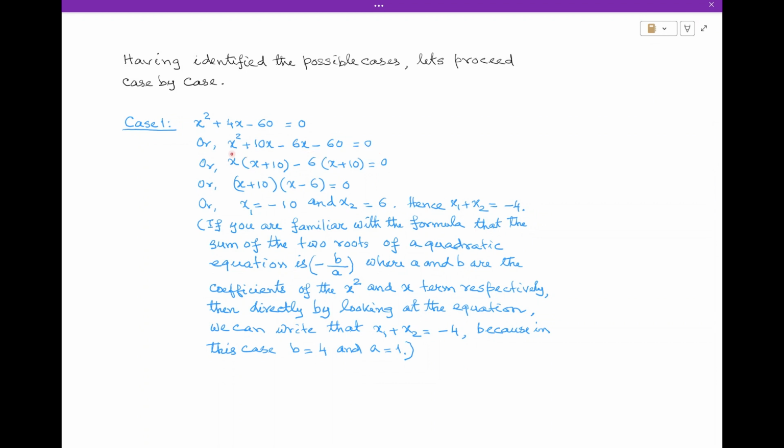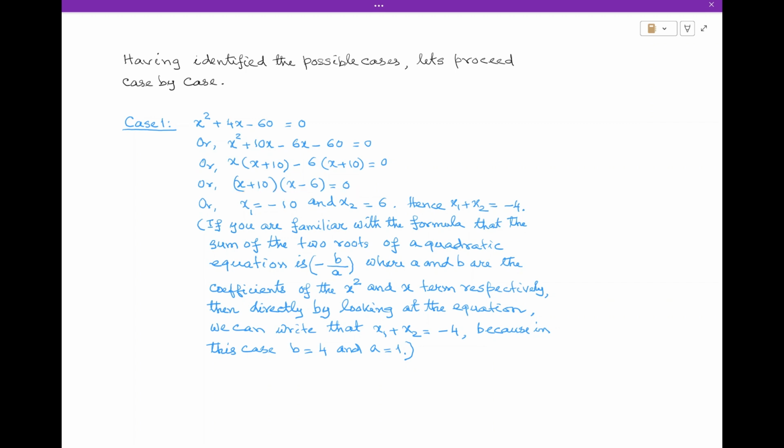If you take x common from the first two terms, we get x multiplied by (x + 10). And if you take 6 common between the next two terms, we get −6 multiplied by (x + 10) is equal to 0. Or (x + 10) multiplied by (x − 6) is equal to 0.